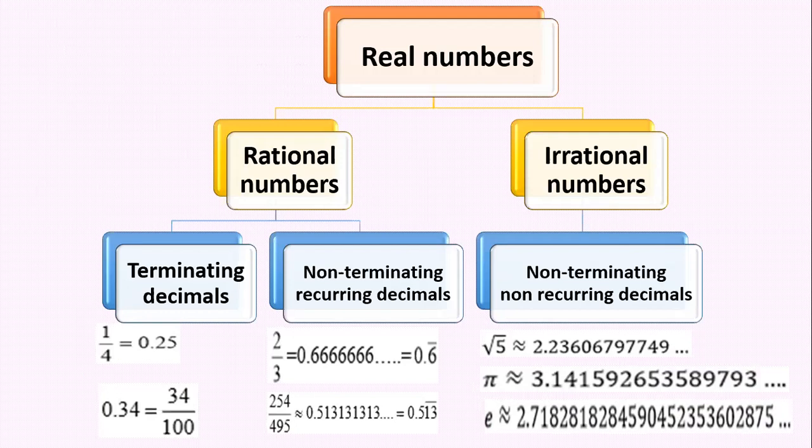These two categories form real numbers. So at the end, again, this is the definition of real numbers: rational numbers and irrational numbers together form real numbers.